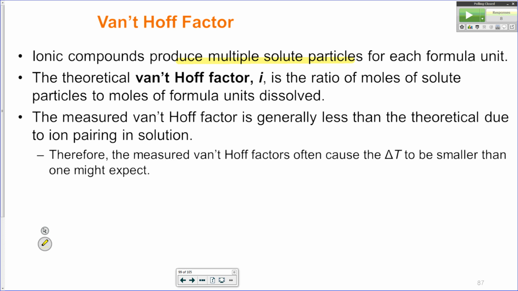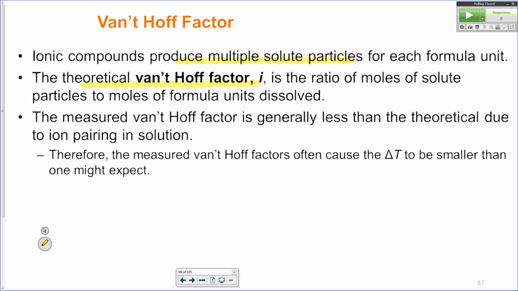So if it's a 1-to-1 ionic compound, it dissolves into two different particles, a cation and an anion, like sodium chloride. However, some things have different combinations depending on the charges of the cation and the anion. So the way that we correct that is what's called the Van Hoff factor, and i is the term that we use to describe that.